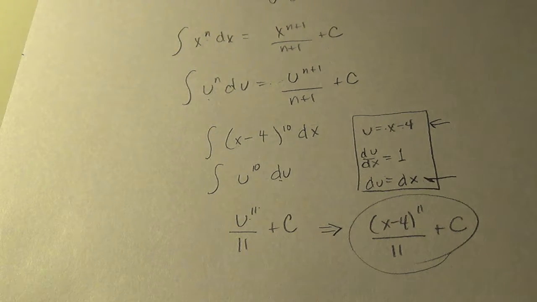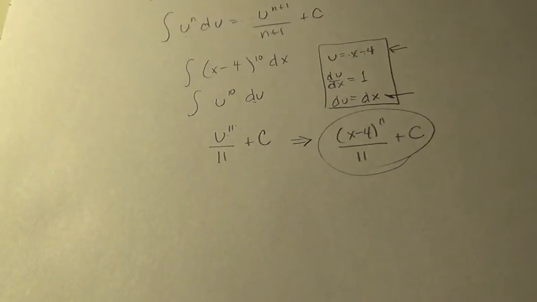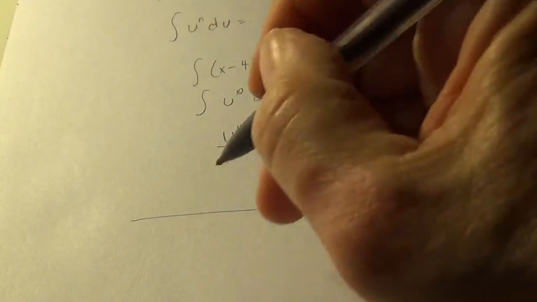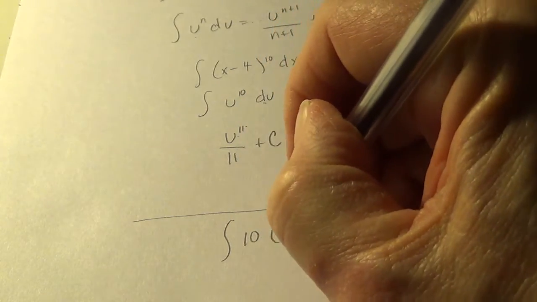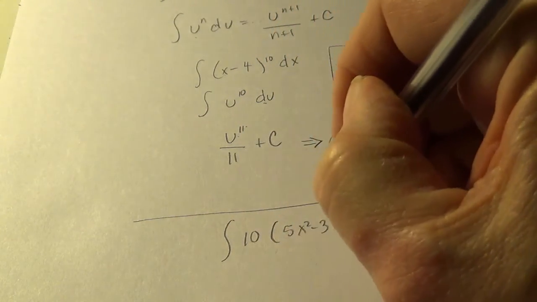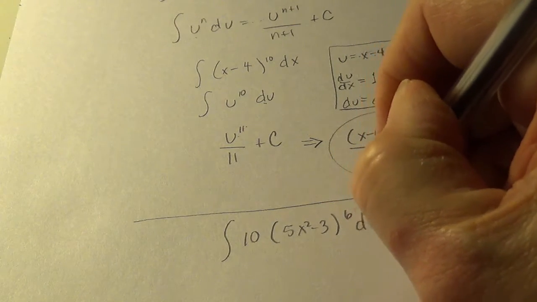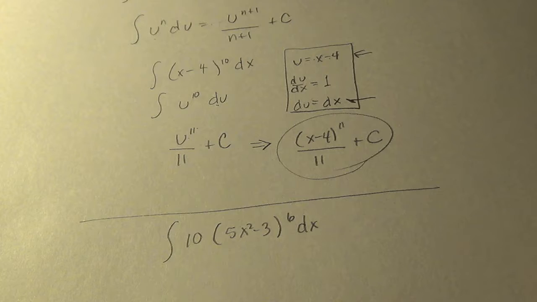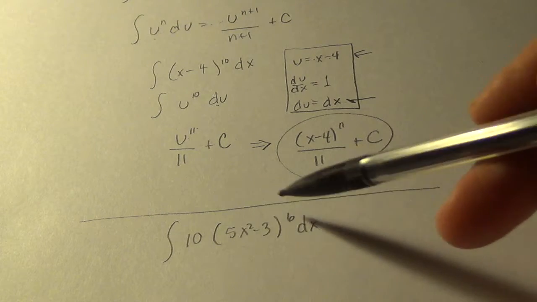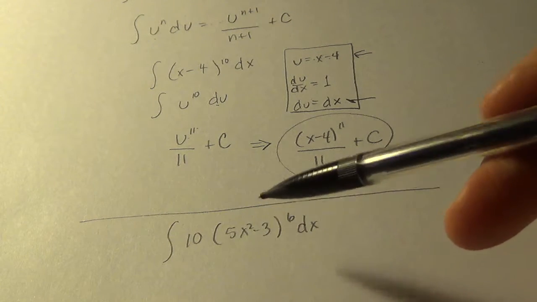Alright, I'll show you another one of those. I'm going to start my u box, and I almost always take whatever is raised to an exponent to be my u.